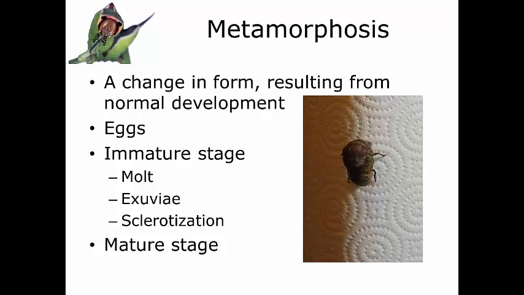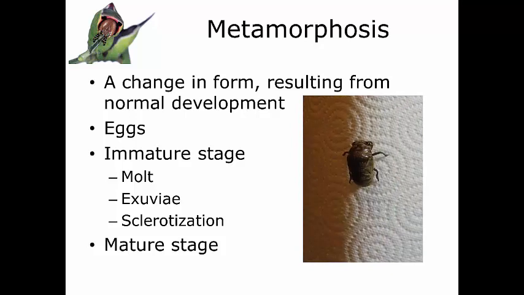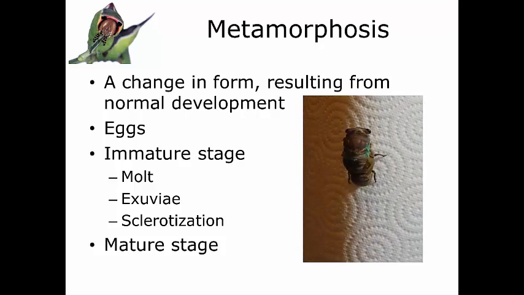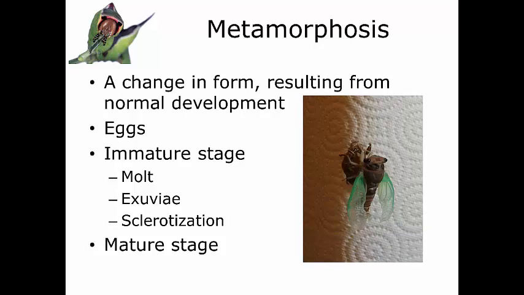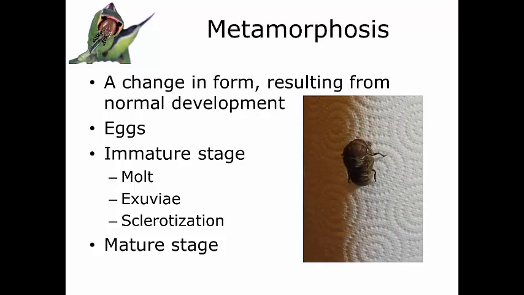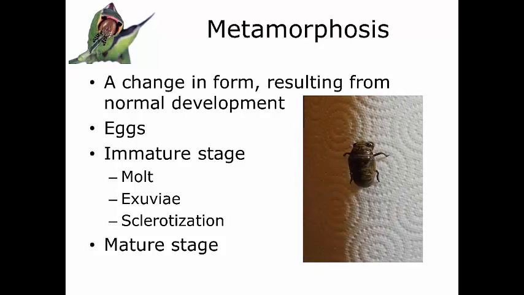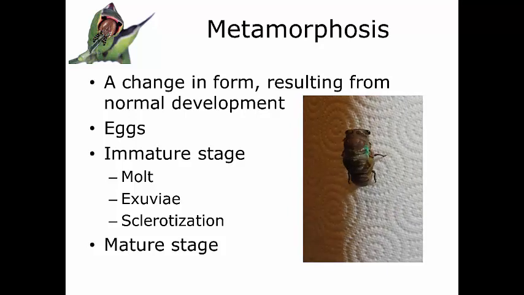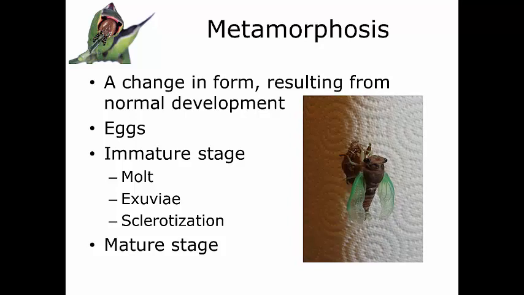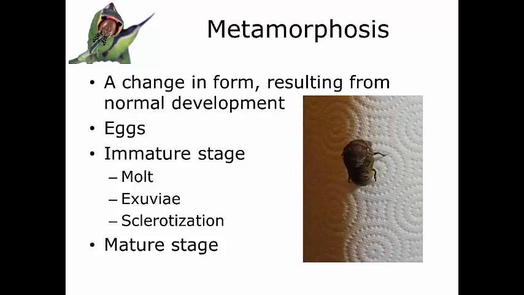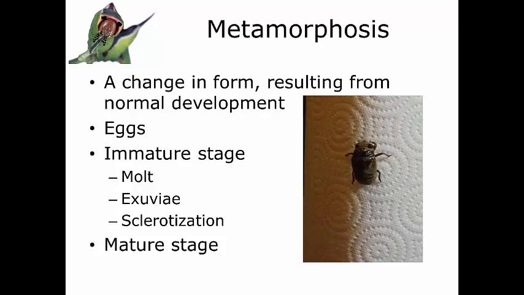This immature stage can be in the form of larvae, nymphs, or naiads. And this just depends on the type of development that the insect exhibits and the type of species that we are looking at. Once the immature insect is in the environment, it begins to feed and it begins to grow.